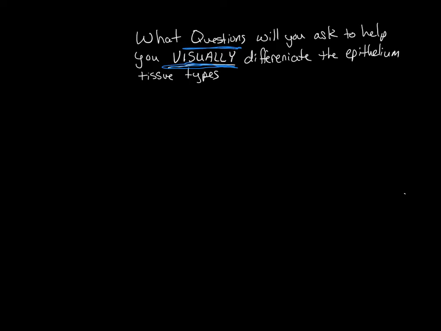Now, the key word here is visual, okay? You don't want to be asking necessarily about location or function, because if you see a picture, a photomicrograph, you can't necessarily see the function. It doesn't help you to have that memorized to differentiate it from the other types.